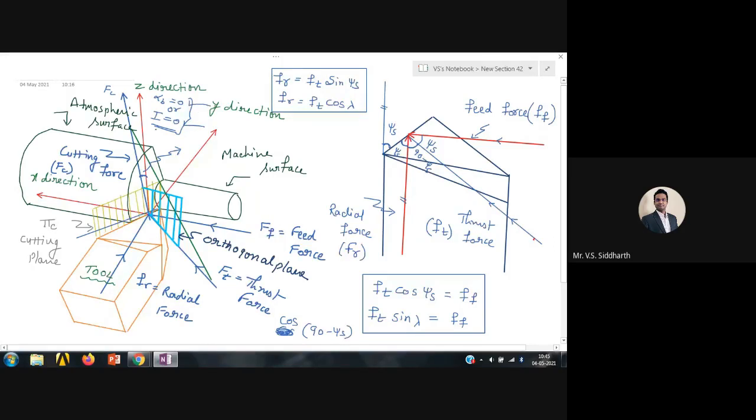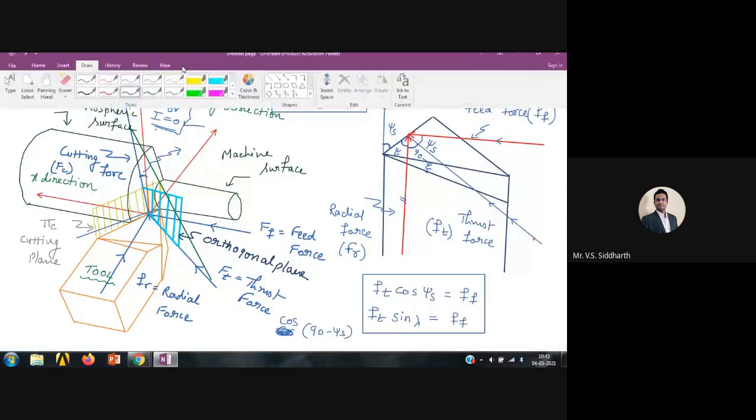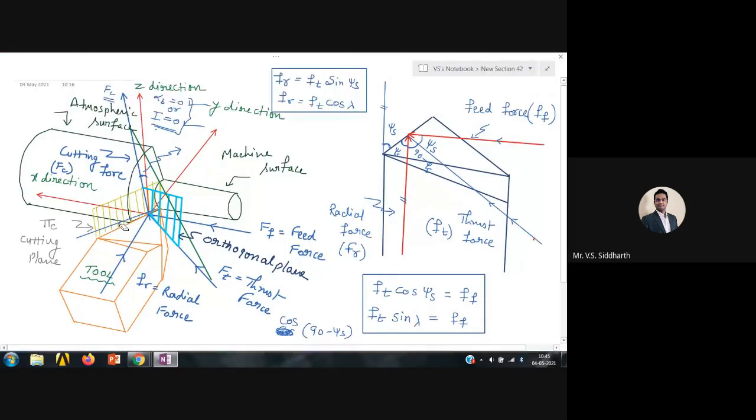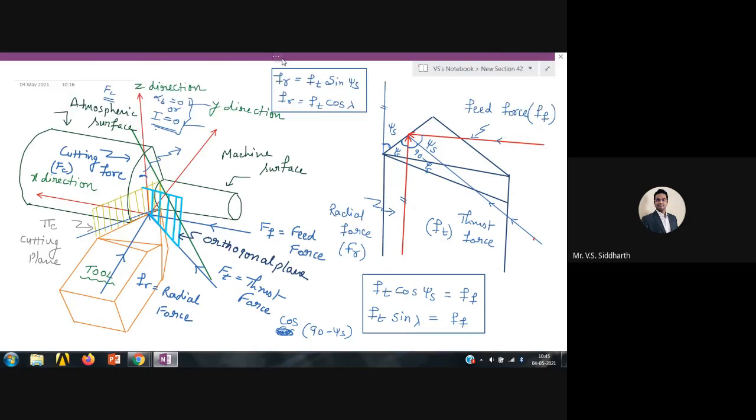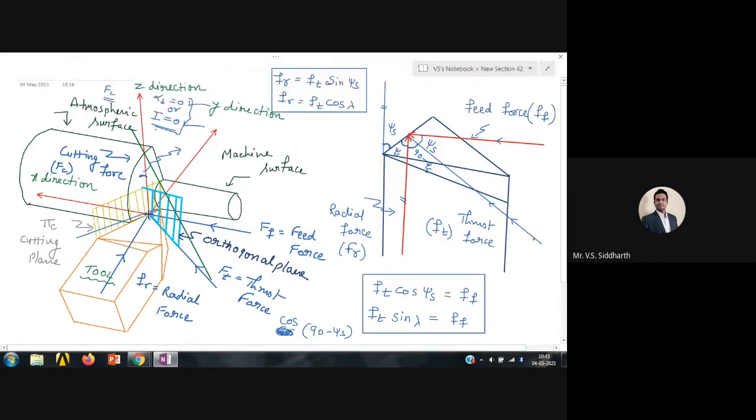In orthogonal cutting, we assume that I equals 0 or alpha B equals 0. Why? Because we see that there is an FC which is not inclined with the Z direction, so we can't find the resultant. So when this FT comes in, and you assume this inclination angle or back rake angle as 0, then this FC becomes like this, and then you can easily calculate the resultant between FC and FT.